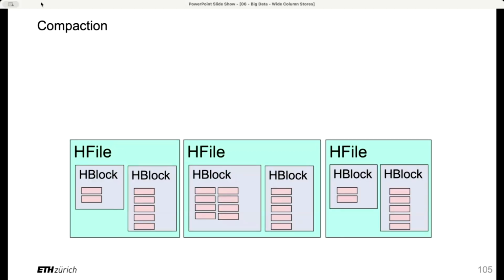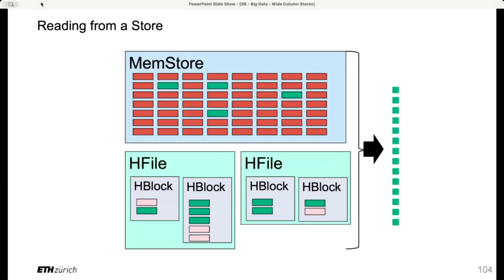Okay. Yes? Yes, so absolutely. What you are saying is that there is no reason why we would have to read every H block, and you're absolutely correct, because we have an index over the H blocks, right?